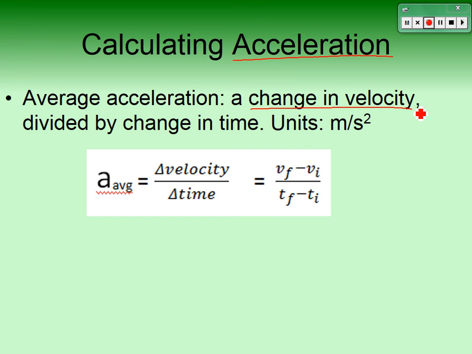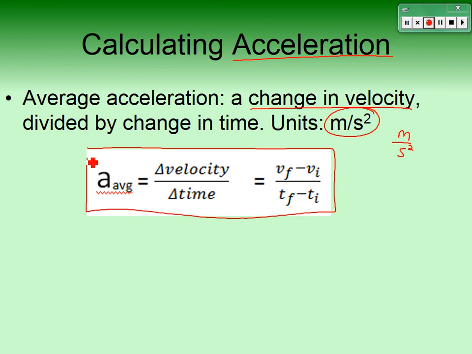Okay? Well, velocity, let's look at the units here. It says that the units are meters per second squared. Let's figure out how they got meters per second squared. If you look at this formula, for average acceleration, it's equal to the change in velocity divided by the change in time.